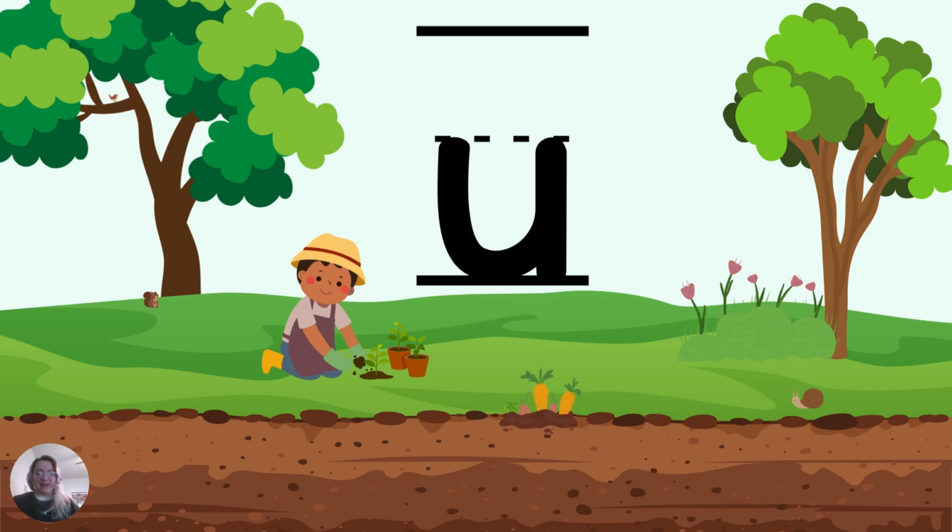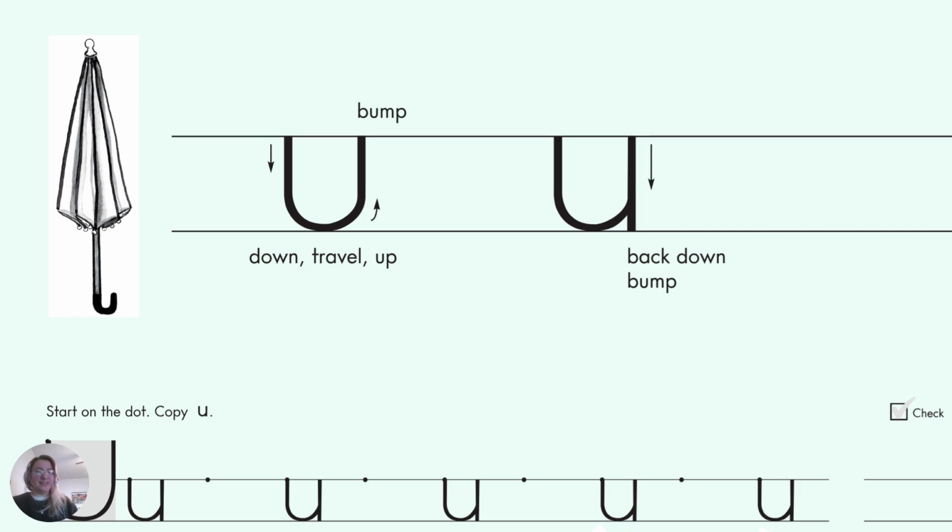Here's my next letter. He says uh, uh, uh. When he says his name, he goes you, you. Very good. Let's write U together. He's very similar to the capital, but notice he has a tiny tail. Ready?